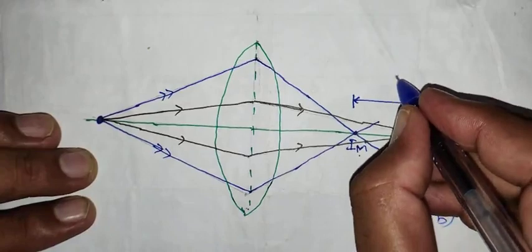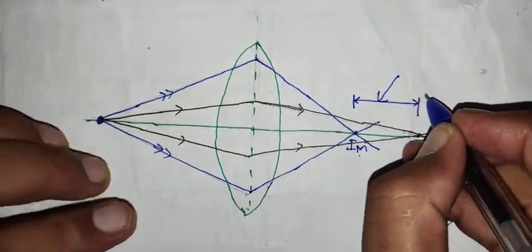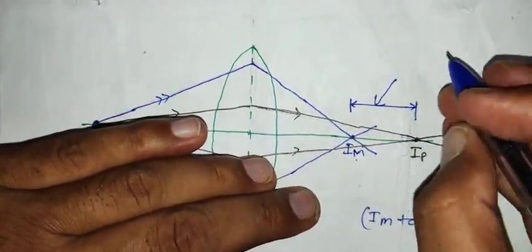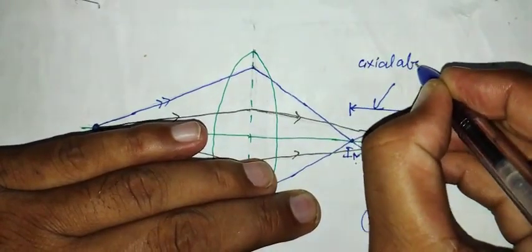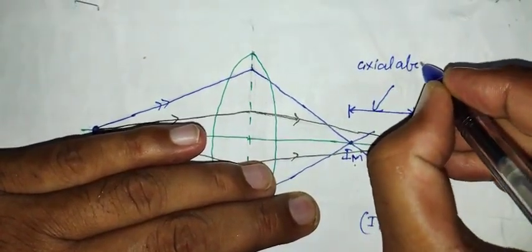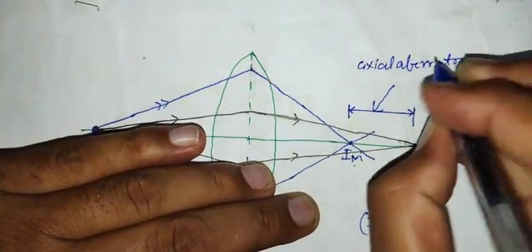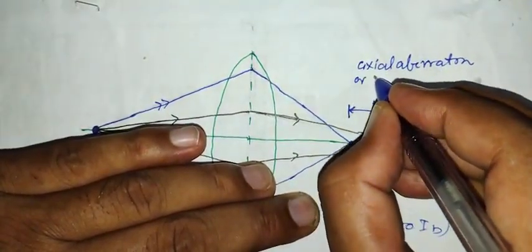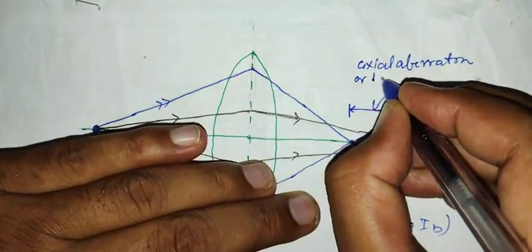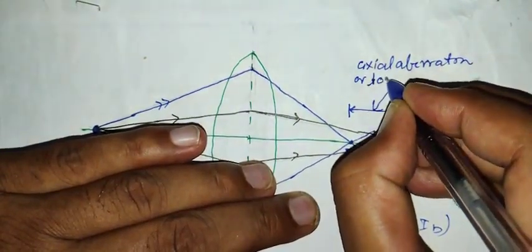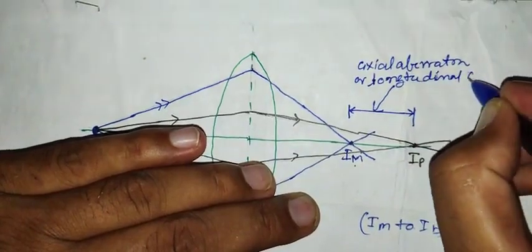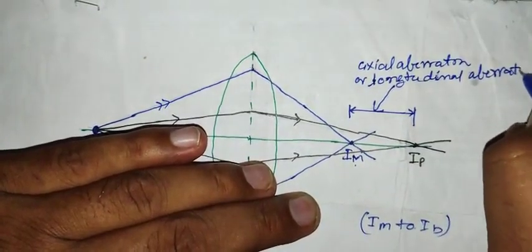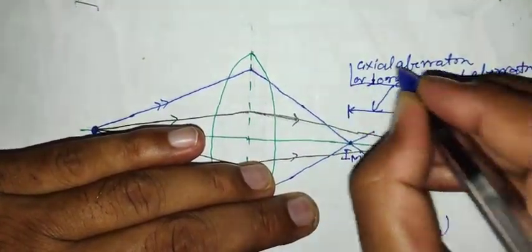This distance from IM to IP is known as axial aberration or longitudinal aberration.